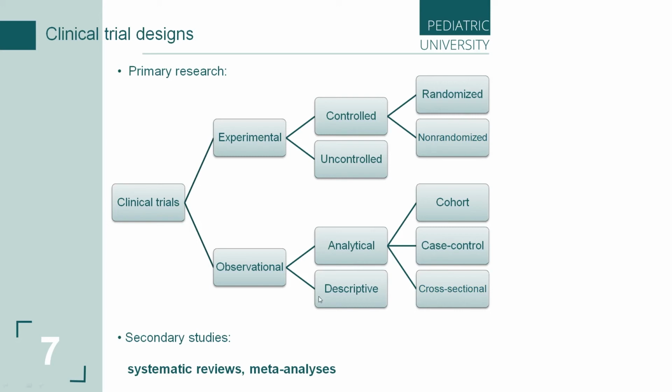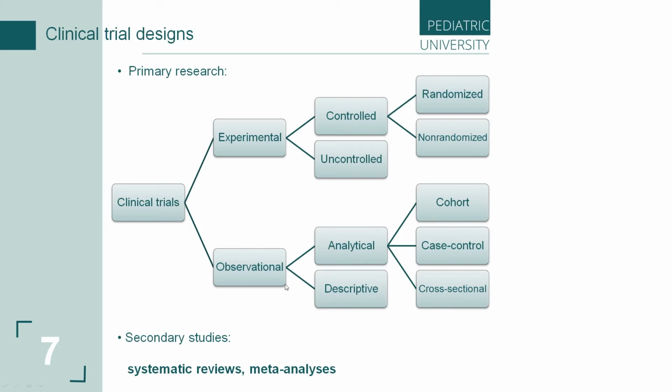What about observational studies? They don't involve any intervention. Events are given a natural course, and they observe the course of the disease, the factors that influence the disease. Descriptive research is when we just describe some cases.